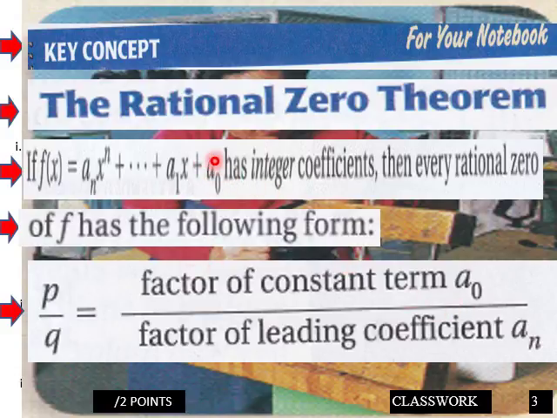The factors of your constant are divided by the factor of the leading coefficient here, a to the n, x to the nth, our leading coefficient. The factor of your leading coefficient go in the denominator of the factors of your constant. That's how we derive the possible rational zeros of a polynomial.